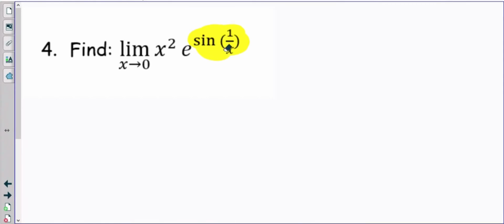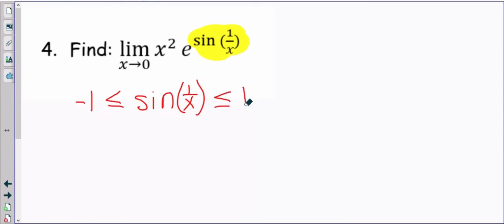Remember, if your function has a sine or cosine in it, we want to choose that as our most complicated part. So I'm choosing the sine of 1 over x as my complicated part. And I know that all of my sine graphs will stay always in between -1 and 1. So I can always bound a sine or a cosine graph like that.